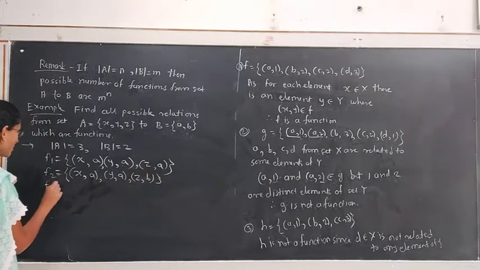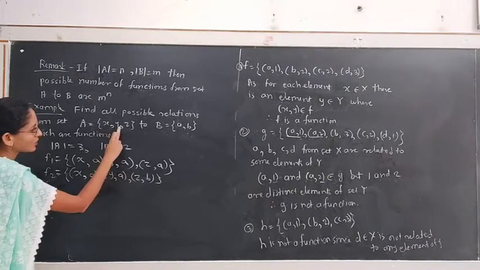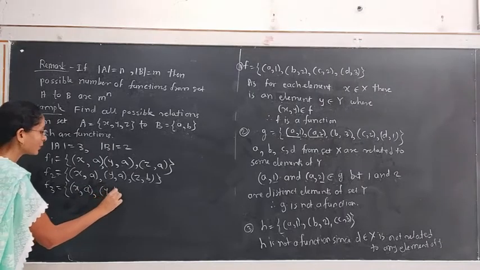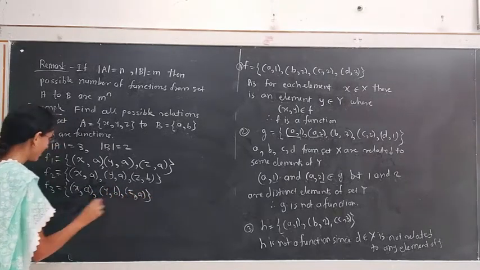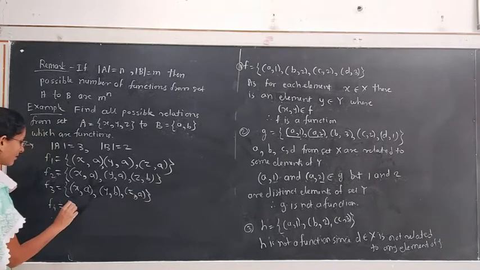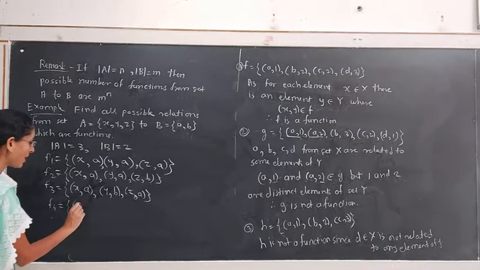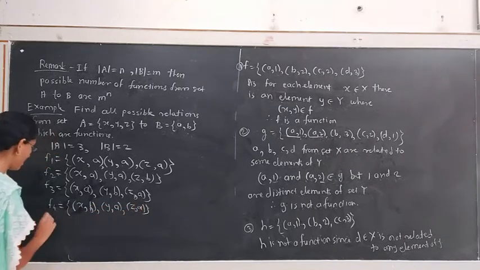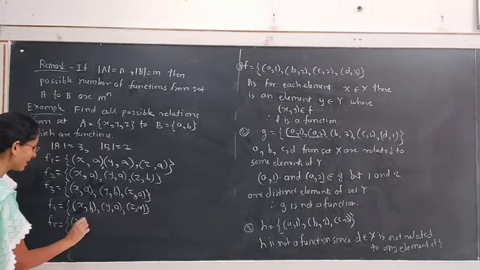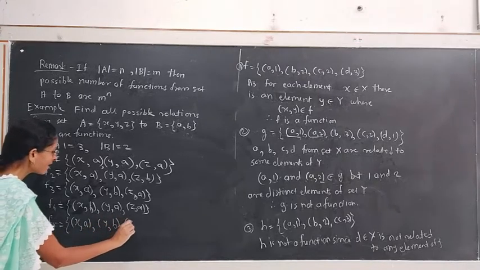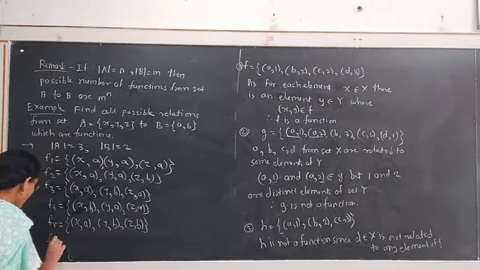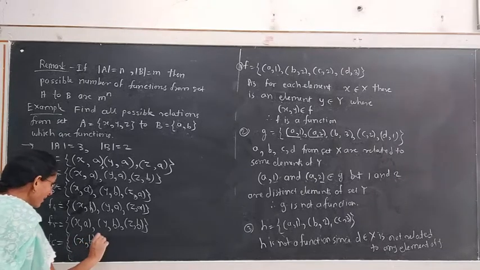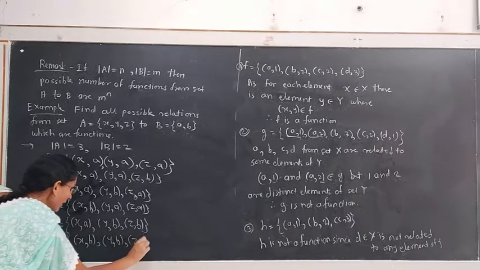Now we change these functions by changing the images of elements of set A. f3 is equal to x related to a, y related to b, z related to a. f4 is the function in the form of a relation defined by x related to b, y related to a, again z related to a. f5 is defined by x related to a, y related to b, z related to b. f6 is the function defined by x related to b, y related to b, z related to a.